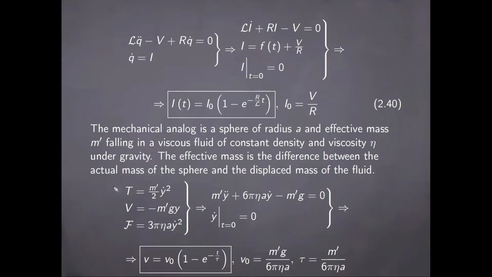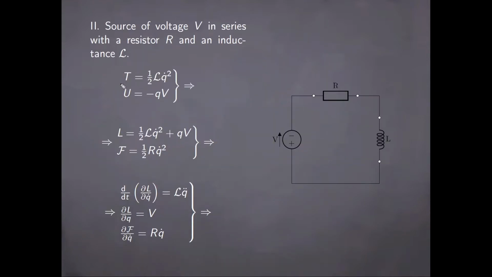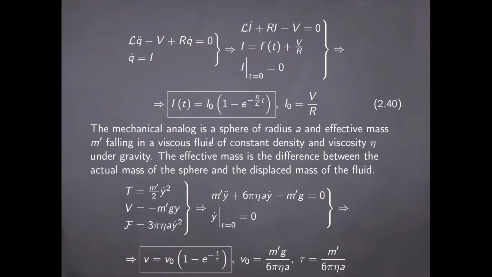And you can see the complete structural analogy between the energy terms describing the mechanical example when compared with the energy terms describing the electromagnetic case. So the kinetic energy is the same thing. The potential energy is the same thing.